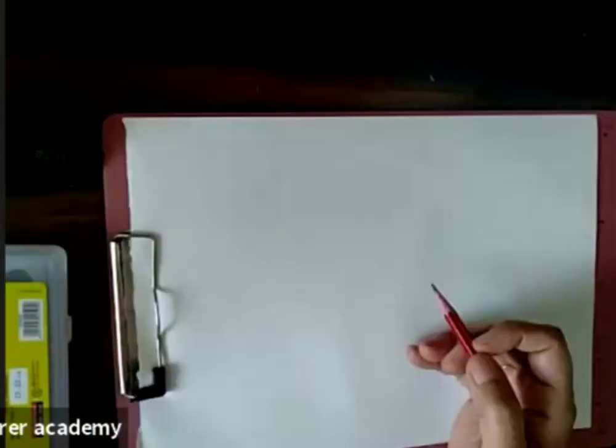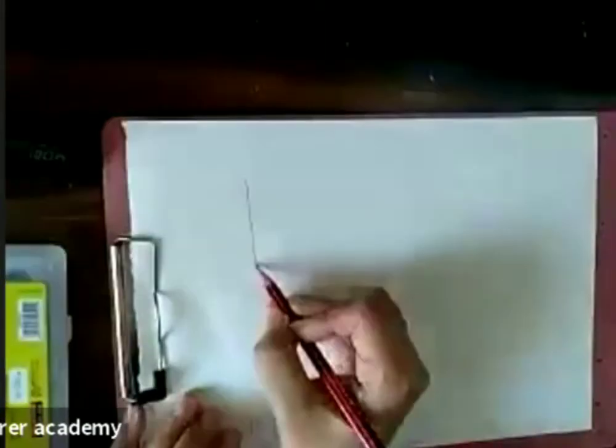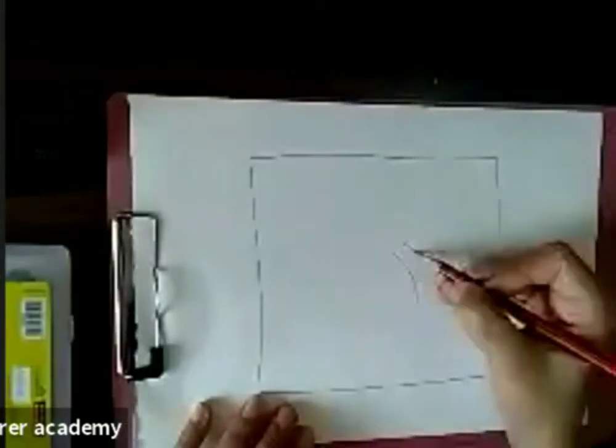So take another sheet and a pencil. So I'm going to make a small drawing only. So just make a box here. Okay, and in the box I'm making a butterfly.